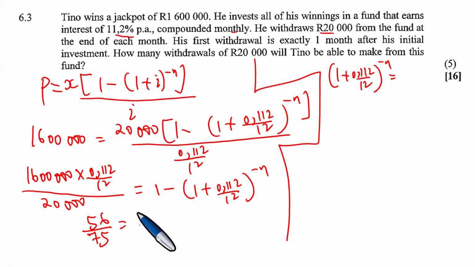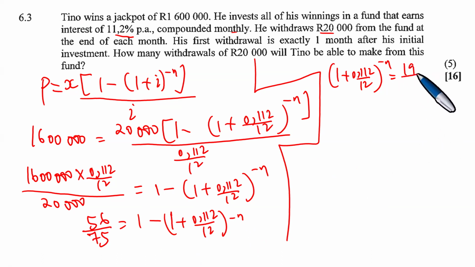And this is 1 minus 1 plus 0.112 divided by 12 to the minus n. If you bring this one to the left and this one to the right, it is actually exactly 19 divided by 75.